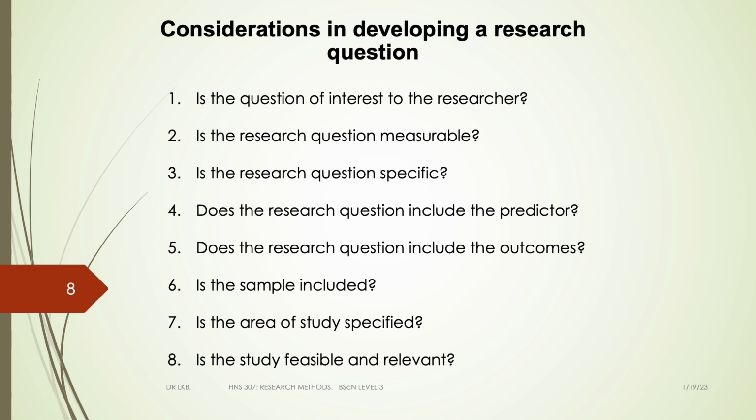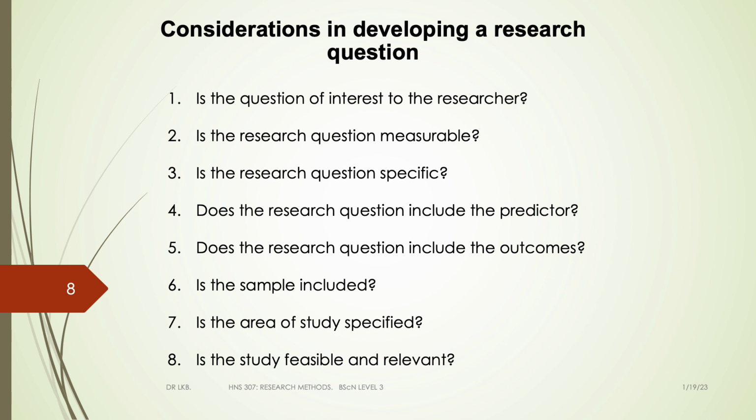You should ask yourself whether your research questions include the predictor variables and the outcome variables. When you're writing your research question, you need to ensure that your sample is included, and you need to identify the study area, as well as ask yourself if the study is feasible or relevant.